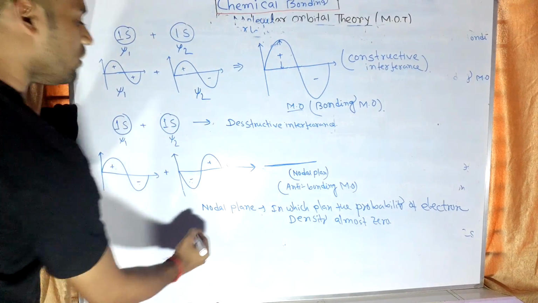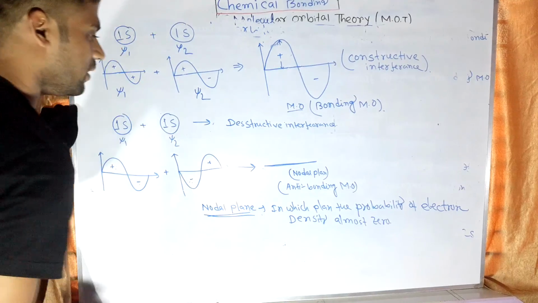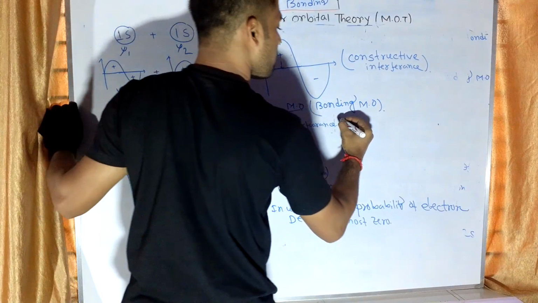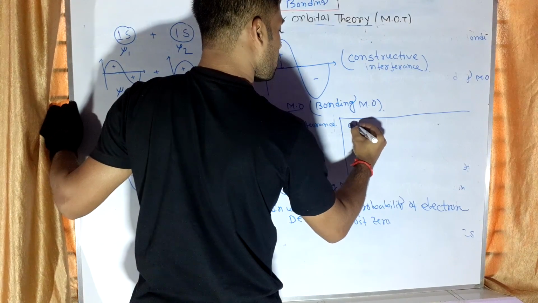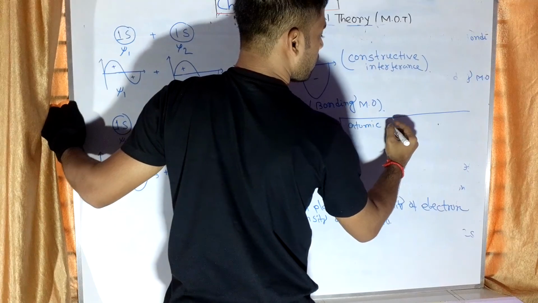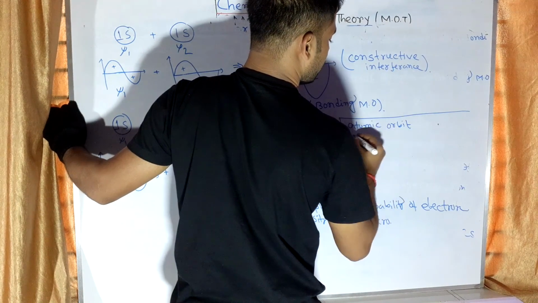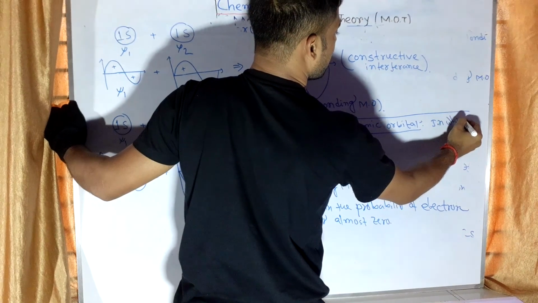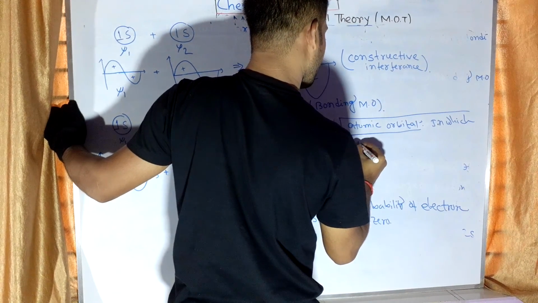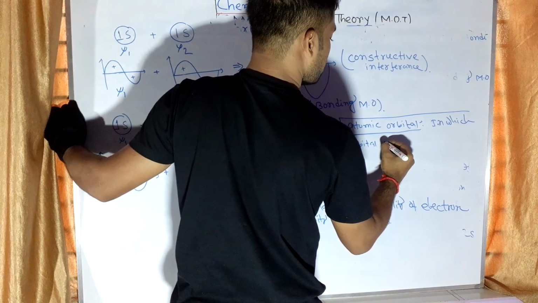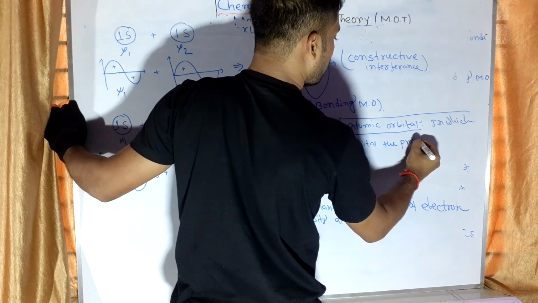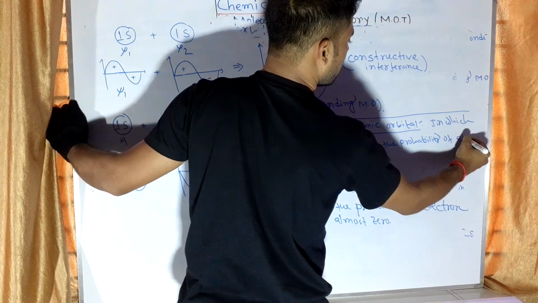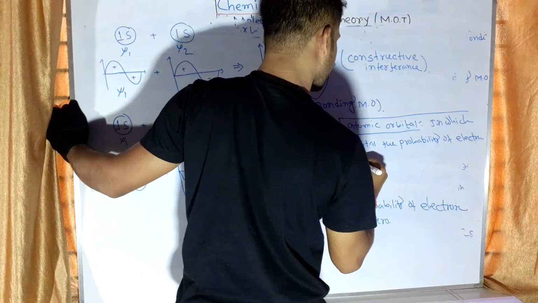What is the difference between a nodal plane and an atomic orbital? What is an atomic orbital? It is the orbital in which the probability of electron density is maximum.